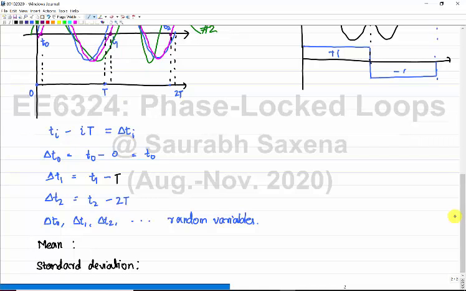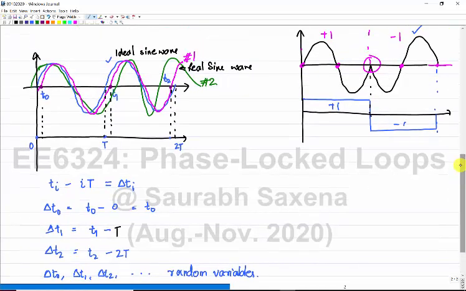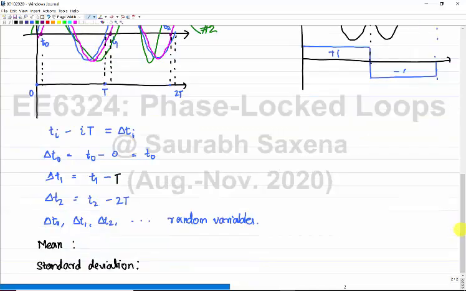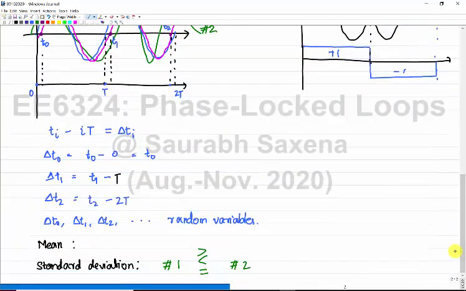Let us say the average time period of both real clocks, magenta 1 and green 2, is the same. Let's keep it that way. So what can you comment on the standard deviation of clock number 1 and number 2? Greater, lesser, equal to? If you just look at these two clocks, can anyone tell me?